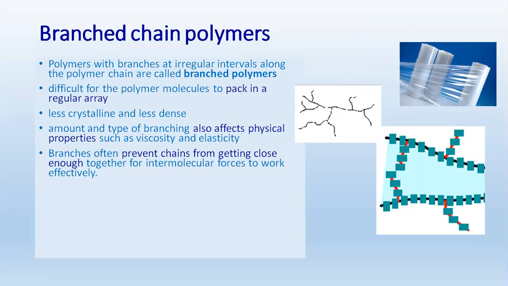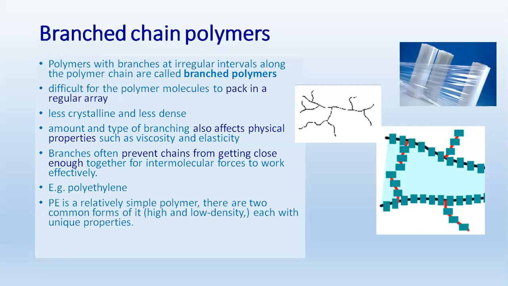Branches often prevent chains from getting close enough together for intermolecular forces to work effectively. Polyethylene is a relatively simple polymer. There are two common forms, each with unique properties.